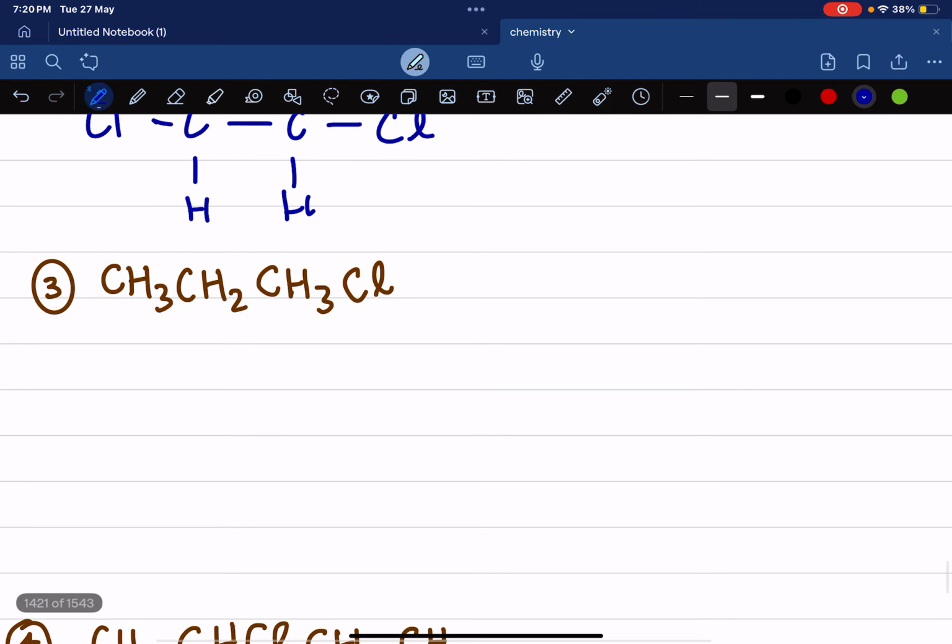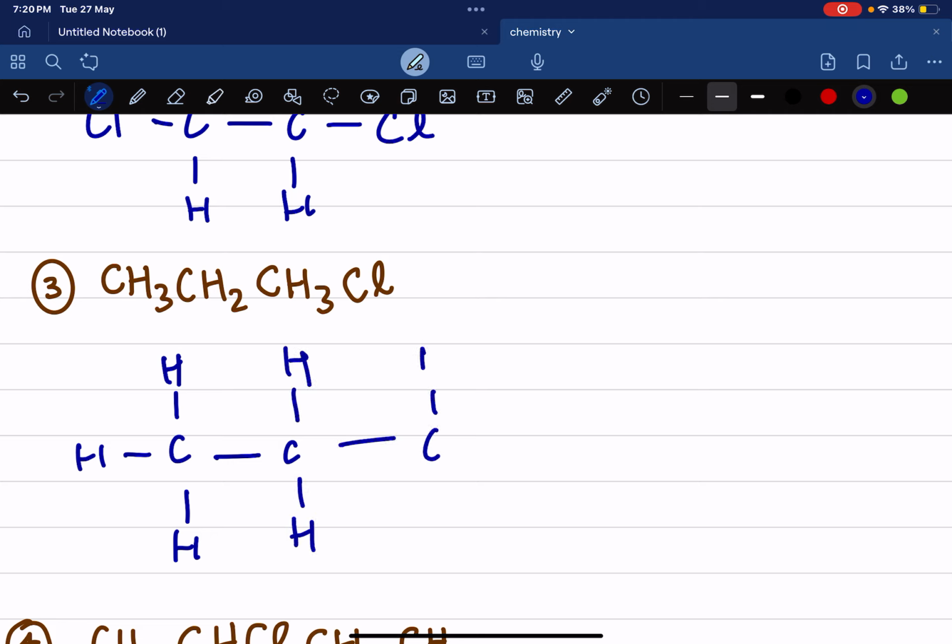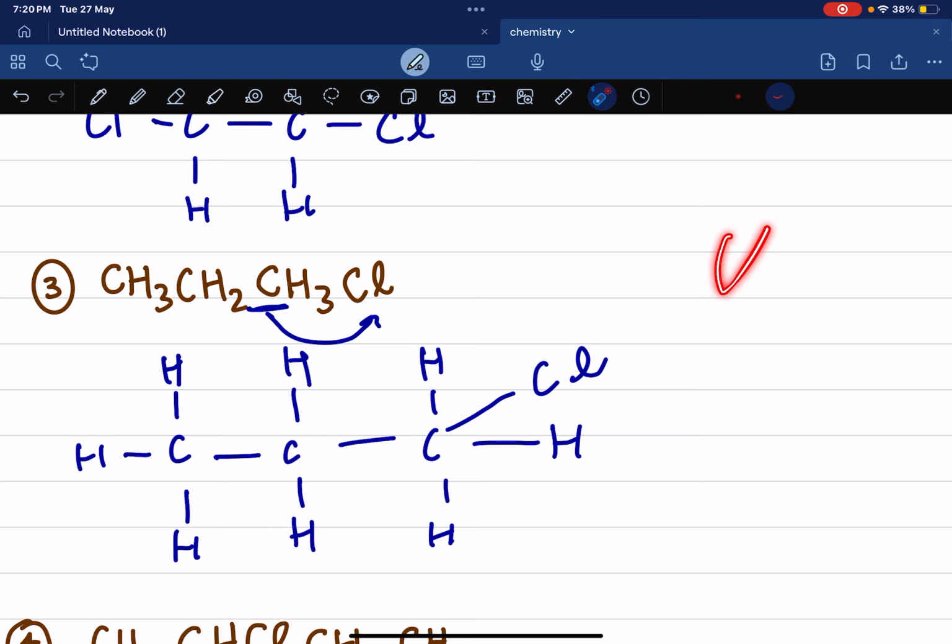The third structure was: we have a CH3, H, H, H. Then we have a CH2, and then again a CH3, I guess like this, and then we have a chlorine. For chlorine, we don't have any place, so I guess we have to place it over here because it's with the carbon. So that's clearly telling us it's incorrect.